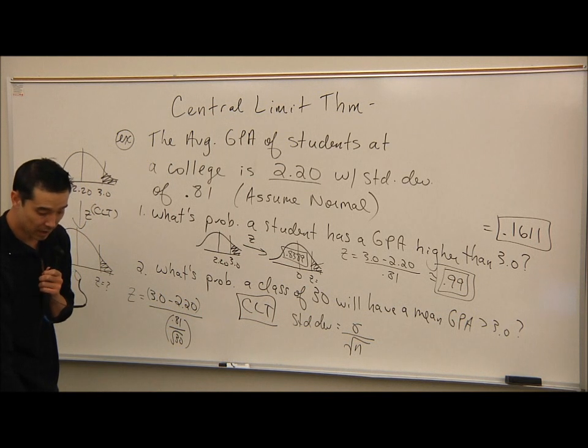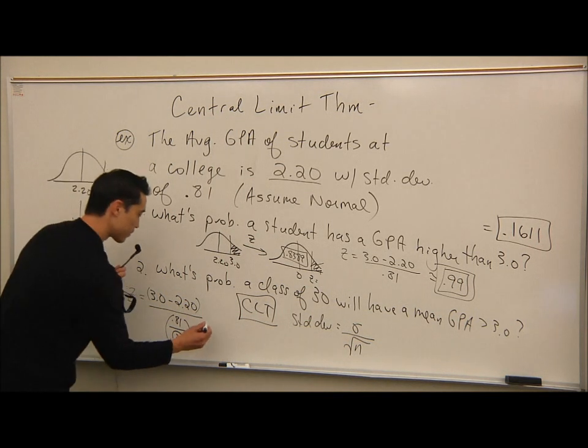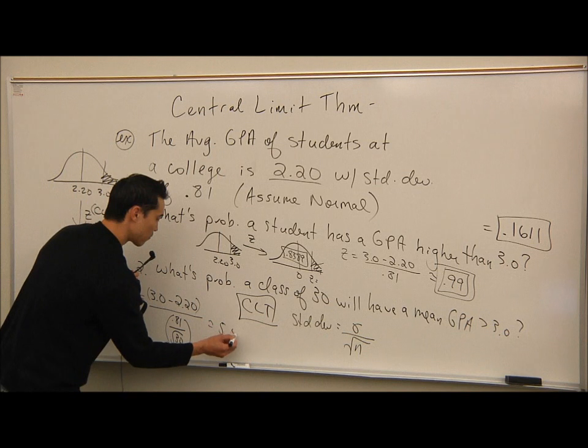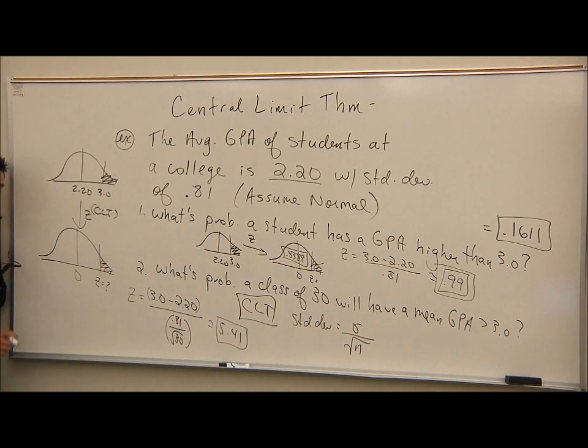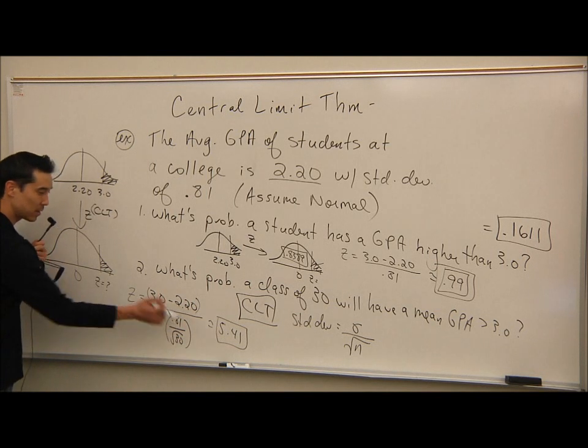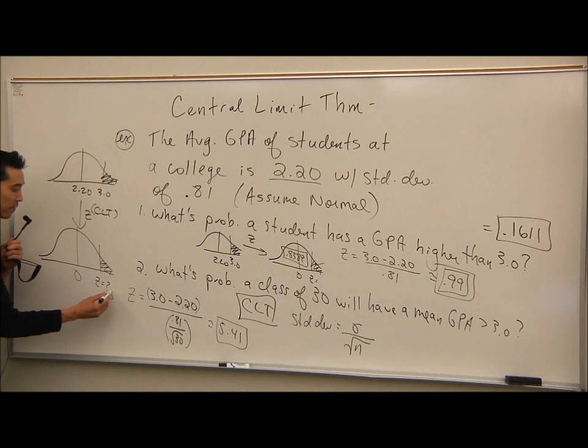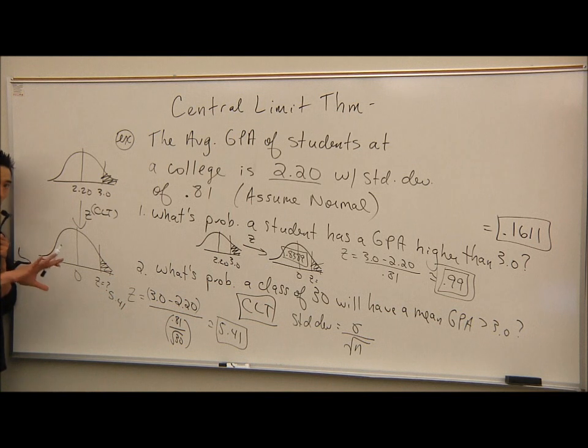You should get about 5.41. Okay? So double check. You put this bottom part in parentheses, and this actually comes out to a z value of 5.41. Way out there to the right.